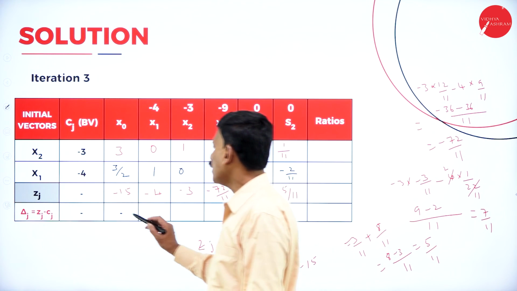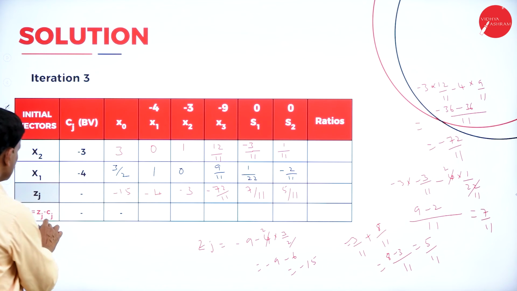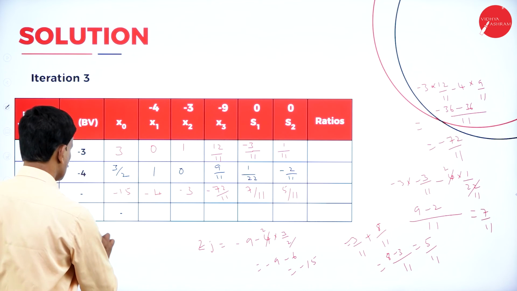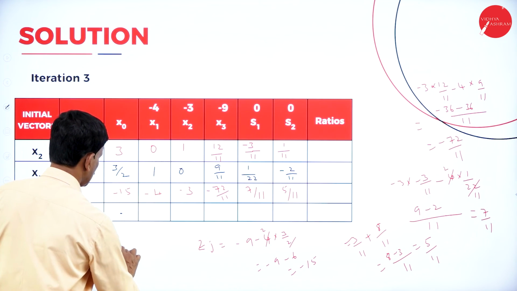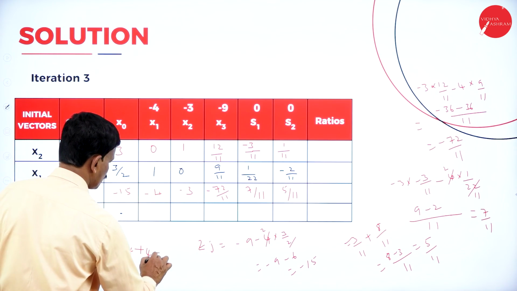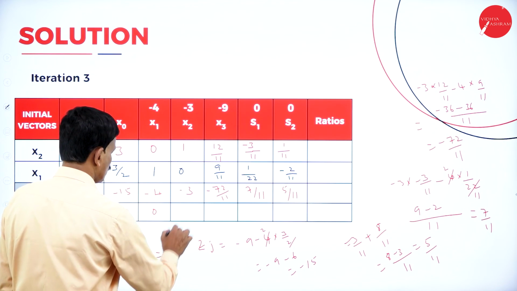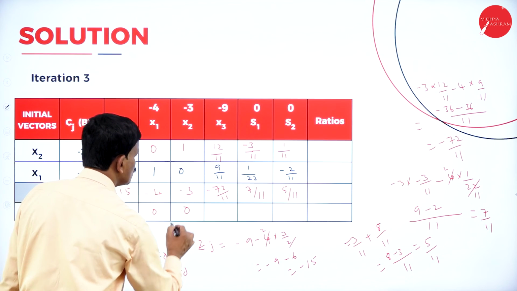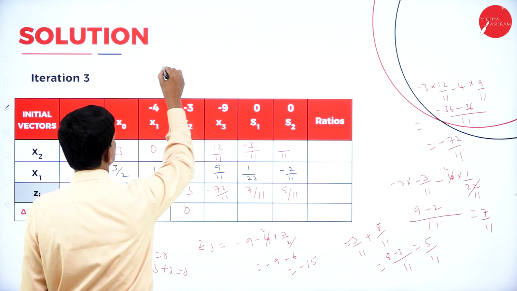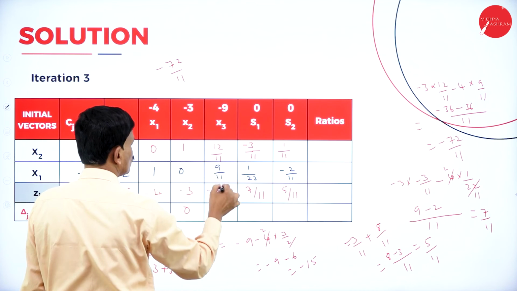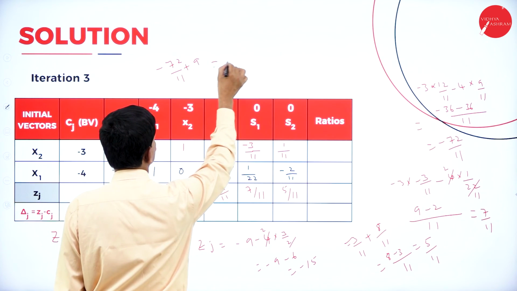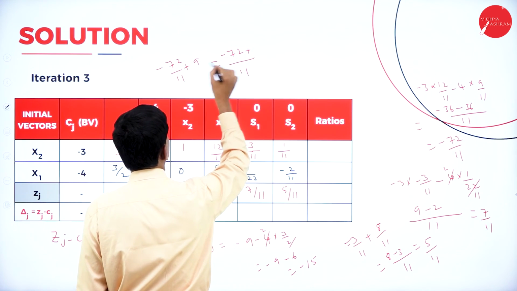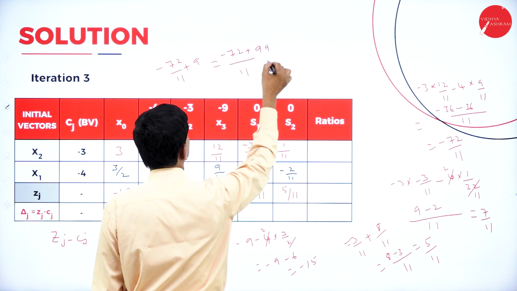Now just find out the value of delta J, Zj minus Cj. So this is here minus 4, minus into minus plus 4, this is equal to 0, minus 3, minus into minus plus 3, this is also equal to 0. If you simplify this, minus 72 by 11, minus into minus plus 9, take LCM, 11 is the LCM, minus 72 plus 9 11s are 99.